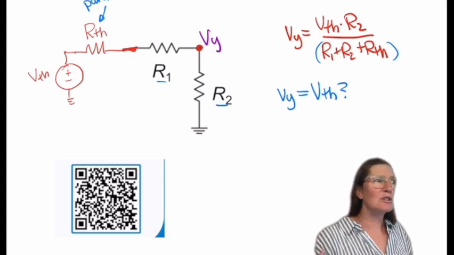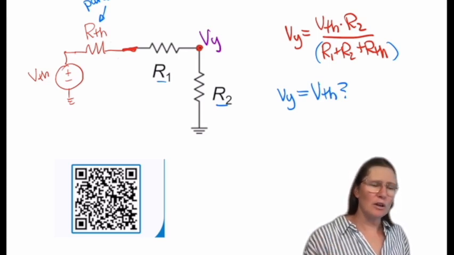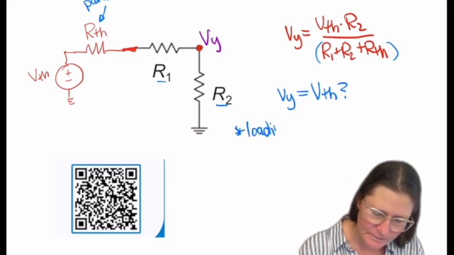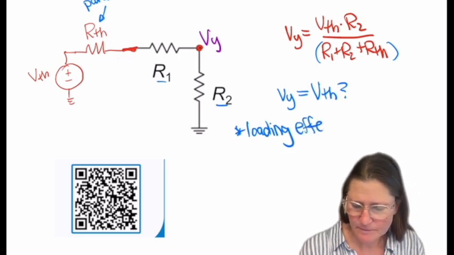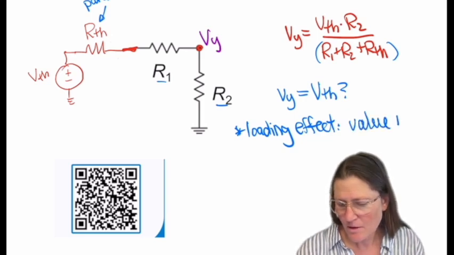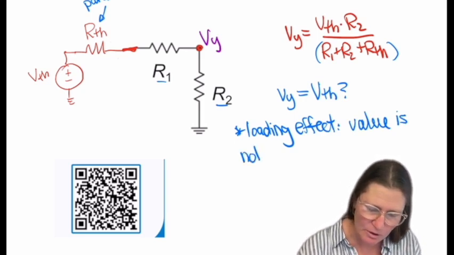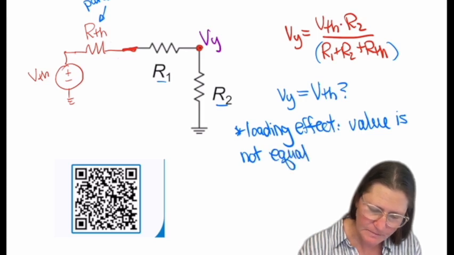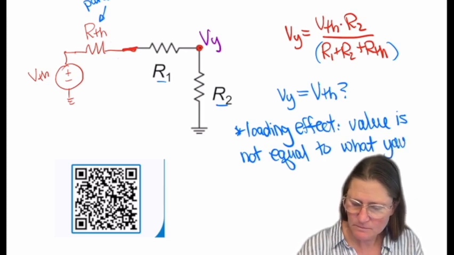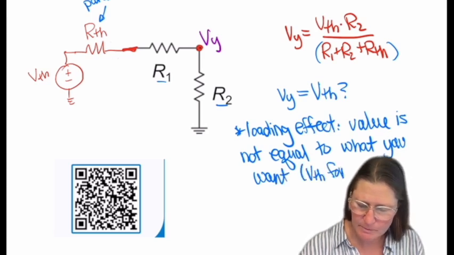So it's going to be something less than VTH. This is called a loading effect, where the value is not equal to what you want. In this case, we want VTH, for example.